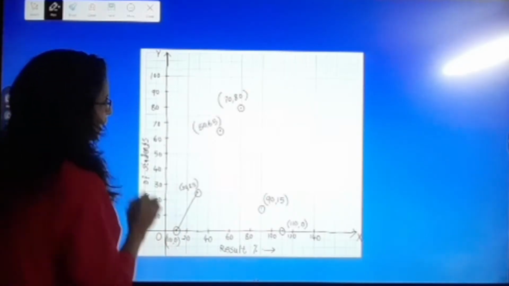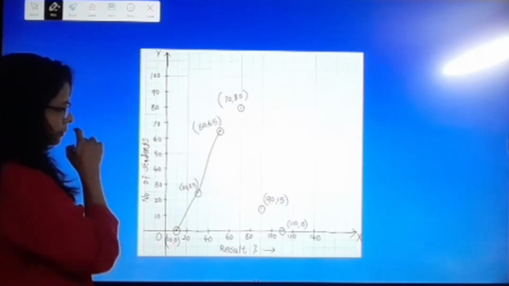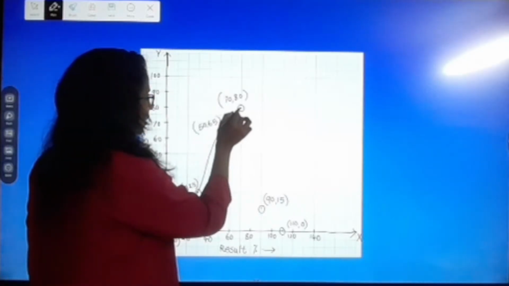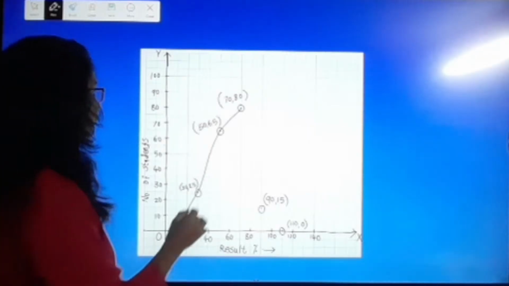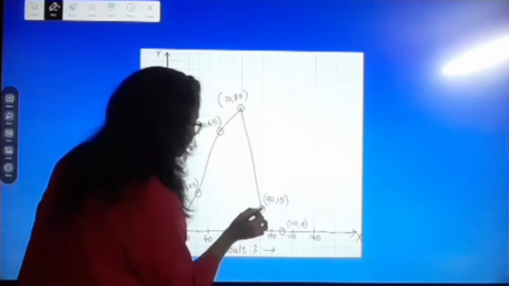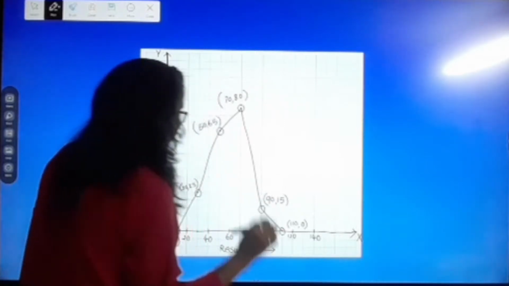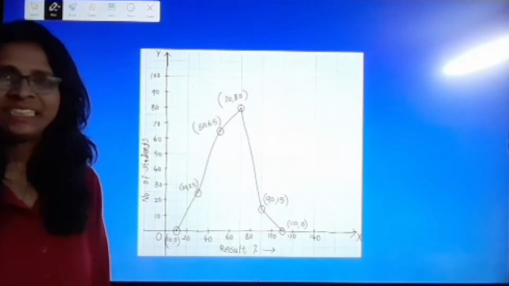First, second, then the second, third, then here fourth one, then the fourth and fifth this way, and the fifth and sixth this way. So this is the frequency polygon.